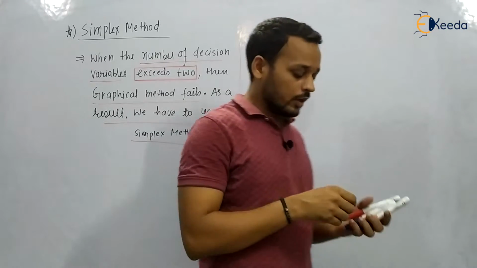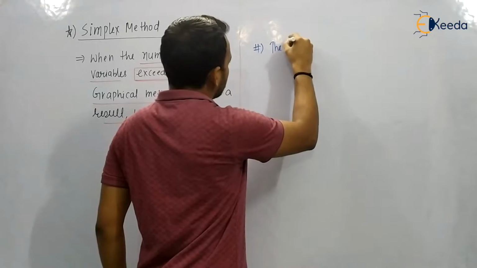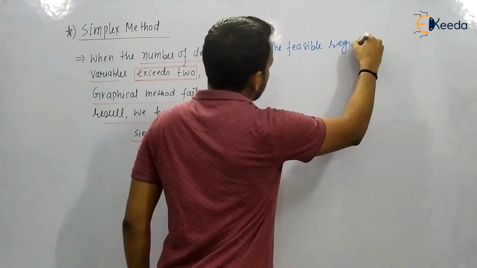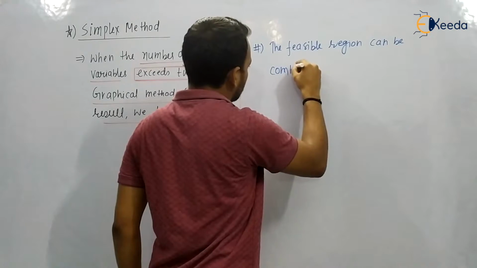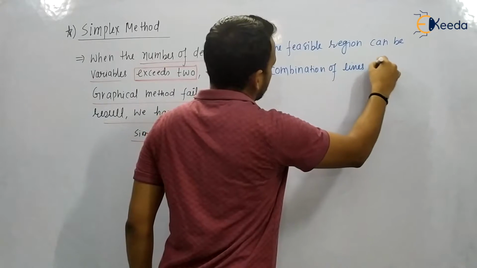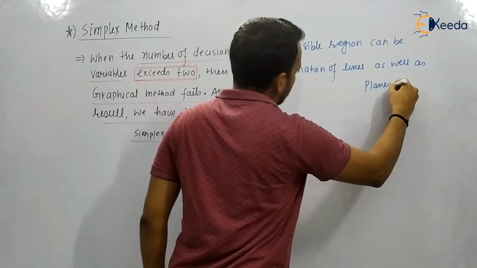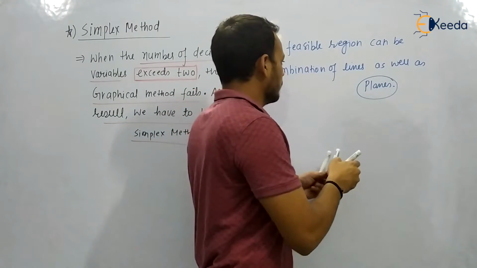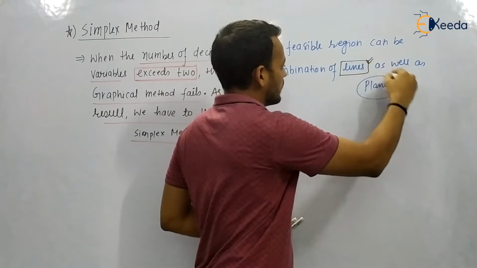So we can say yes: the feasible region can be a combination of lines as well as planes.